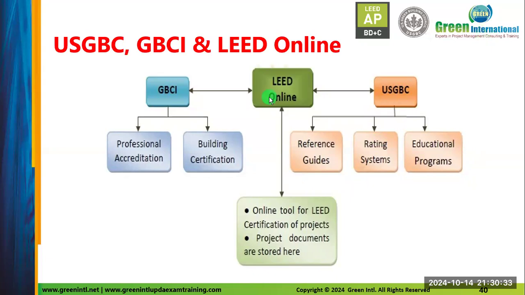We will move then to the USGBC, GBCI, and LEED Online. What is the role of USGBC? The reference guide and the rating system. Rating system means developing the system, how to measure, and so on.